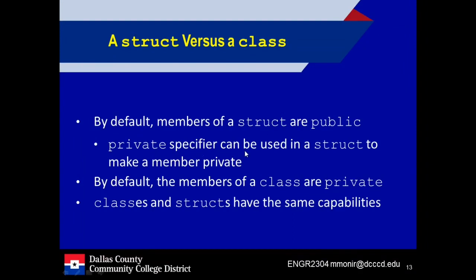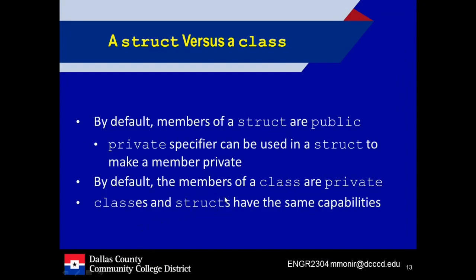A private specifier can be used in a struct to make a member private. So if you want some member of the struct to be private, you declare it separately. But by default, the members of a class are private, in contrast to the struct. If you want something to be public, you have to specifically define it in classes.